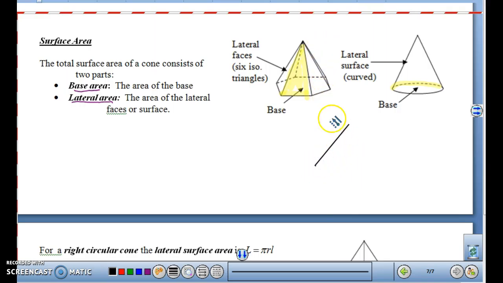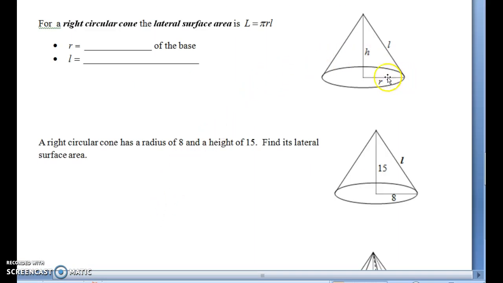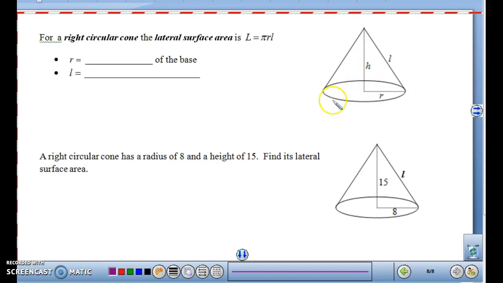If you unrolled it, it would look something like this. Okay, you get the idea, but basically the curved part is the lateral area. So to find the surface area, we have to know the formulas for each one of those. All right, so we know the base area of a cone, which would be pi r squared, but the lateral surface area is actually pi r L.